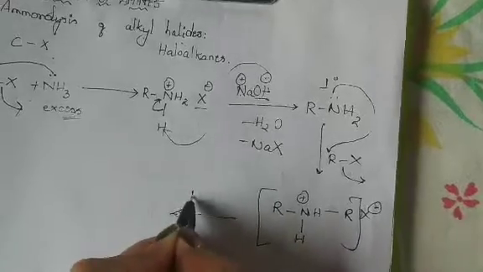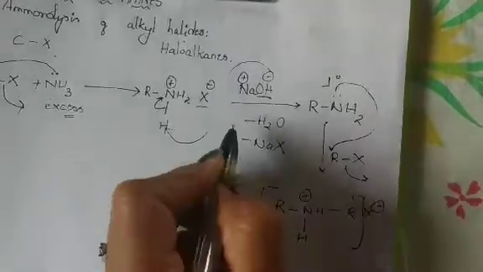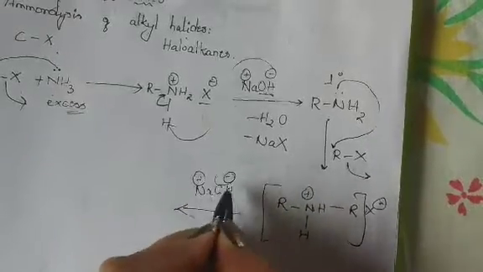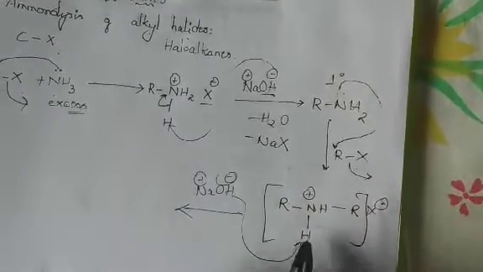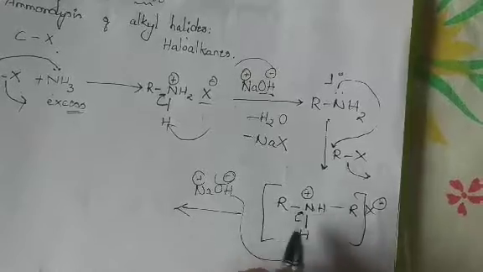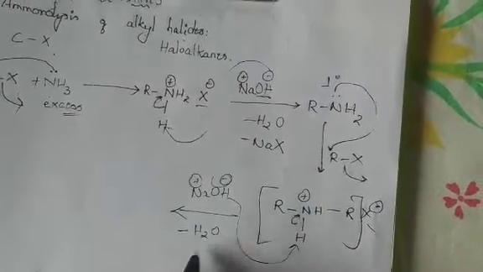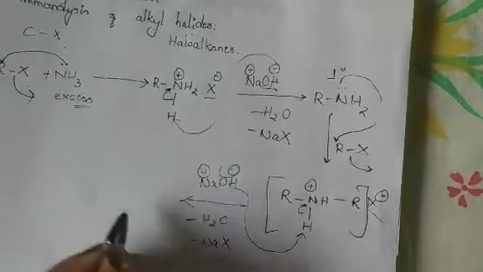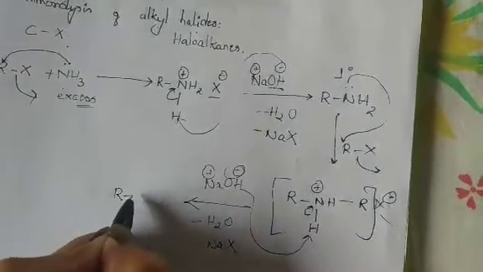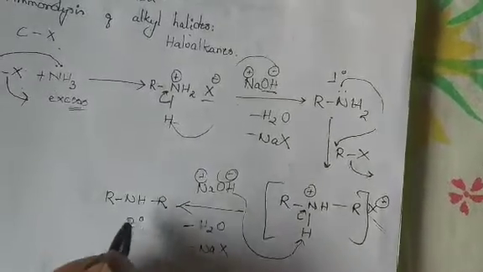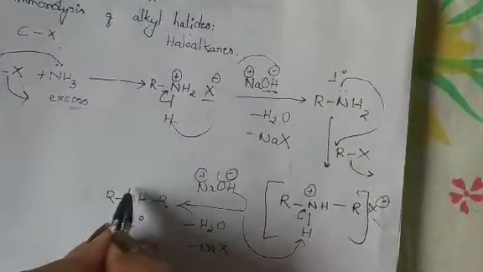The same step follows: the OH negative takes up the hydrogen, and X leaves along with Na. There will be removal of water and NaX. Then we would get R2NH. This is our secondary amine, and nitrogen keeps its lone pair.